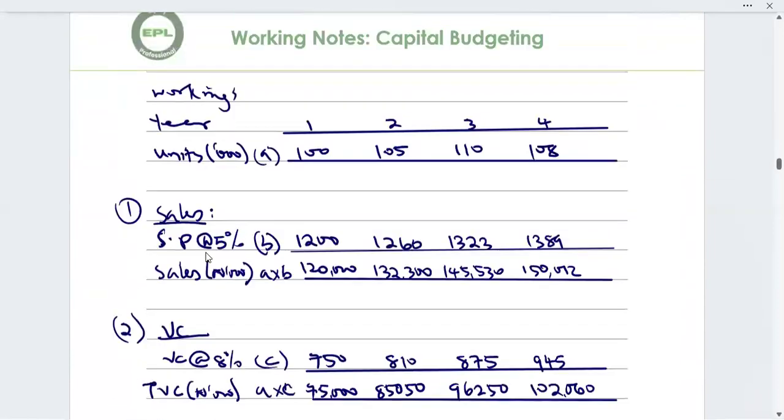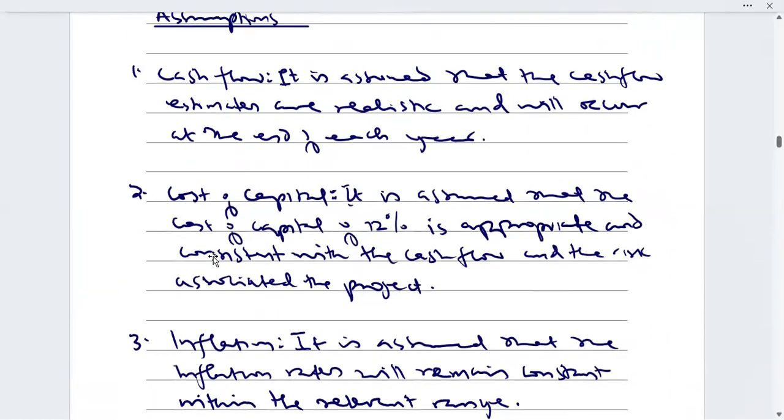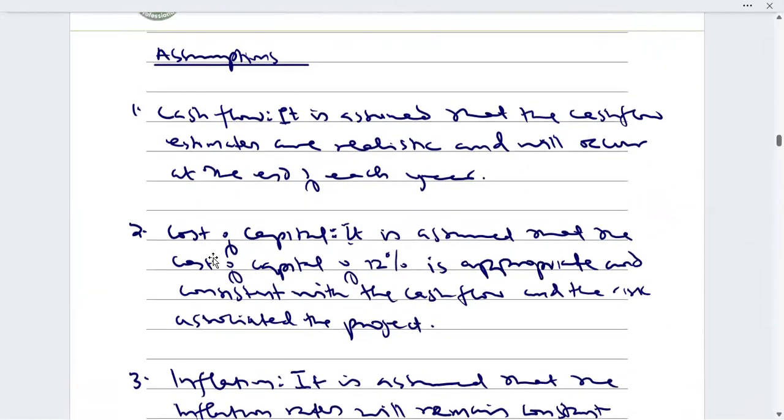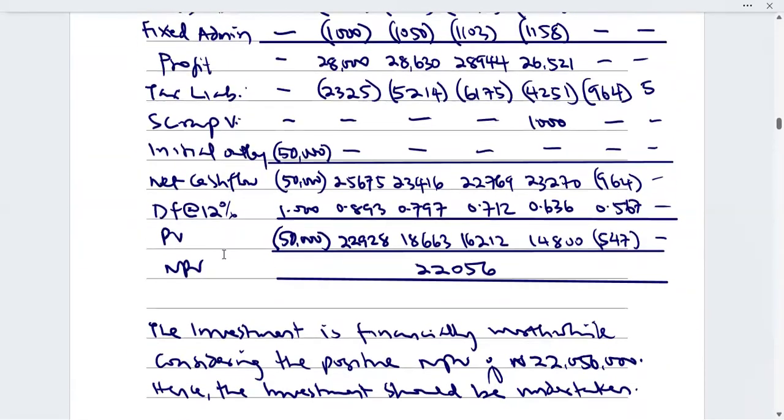So whenever you want to compute internal rate of return, you have to check the size of your cash inflow and the cash outflow. If your cash inflow is almost double your cash outflow, then it is important to start with a very high discount rate. Like in this case, when you add up the present value of cash inflow, it's almost double the initial outlay, about 80 something thousand or thereabouts.